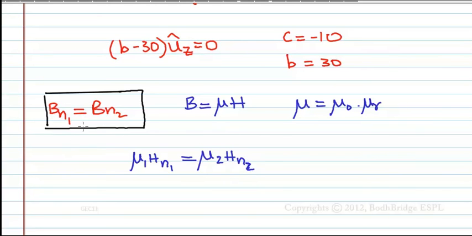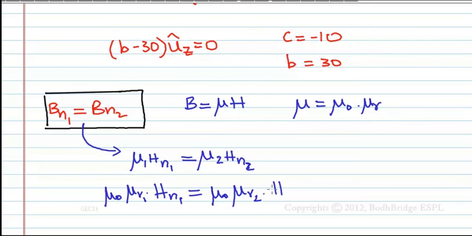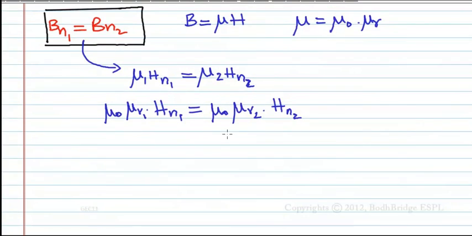How did I write this? B equal to mu into h, mu 1, mu 2. And mu 1 is what? Mu naught into mu r1 into hn1 is equal to mu naught into mu r2 into hn2. Right.